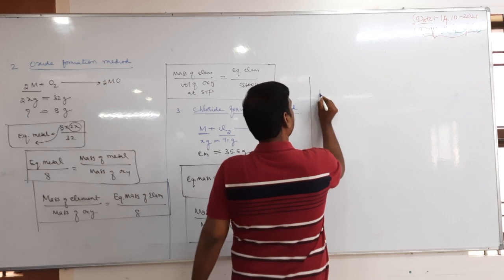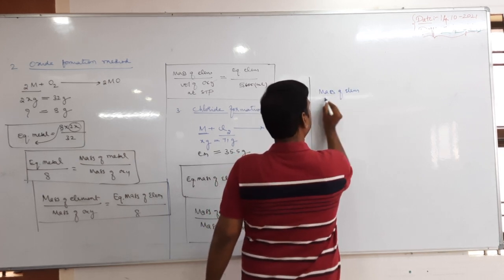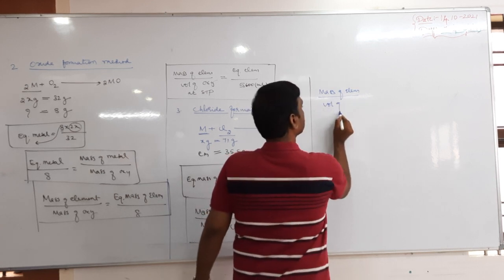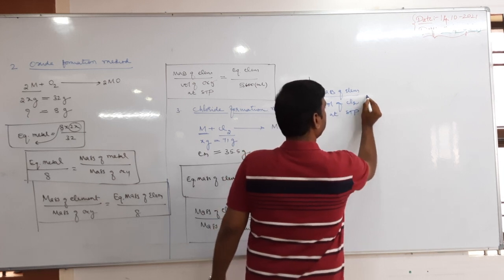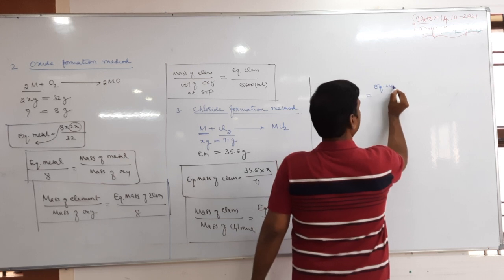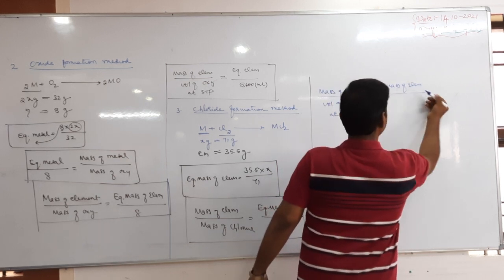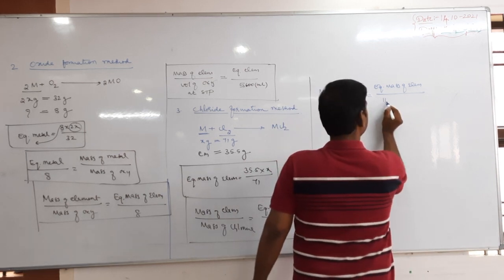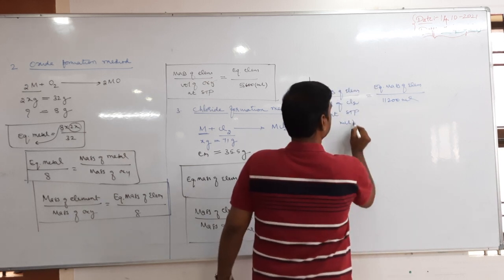Mass of element divided by volume of chlorine at STP is equal to equivalent mass of element divided by 11,200. It is also in ml.